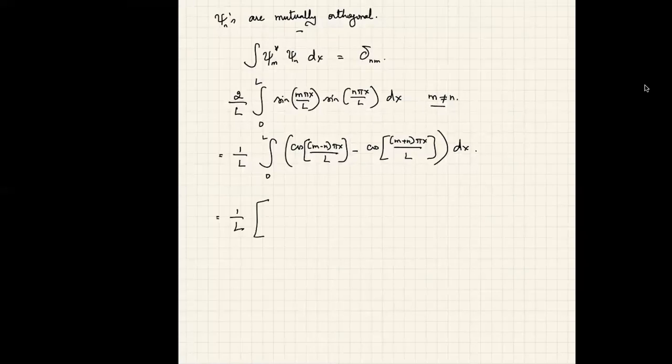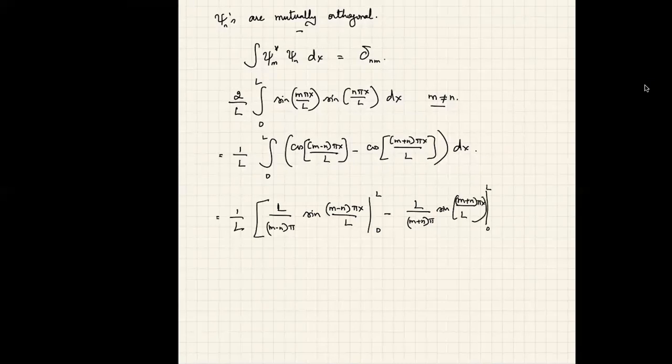So this will be 1 over (m minus n) pi over L, which will be L over (m minus n) pi, sine (m minus n) pi x over L between L and 0, minus again L over (m plus n) pi, sine (m plus n) pi x over L between L and 0.